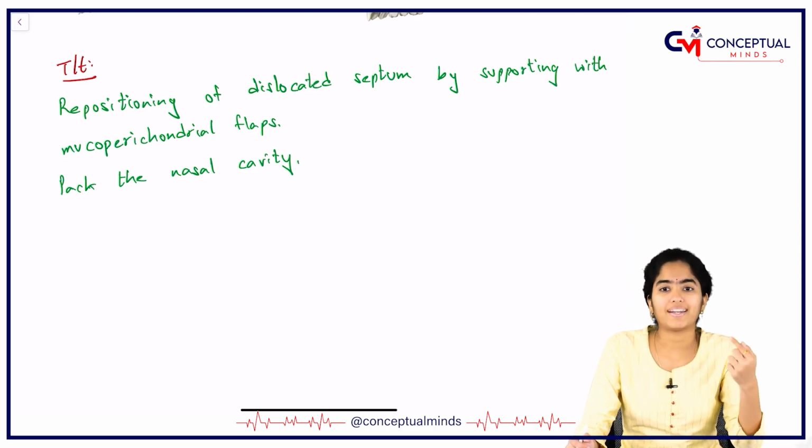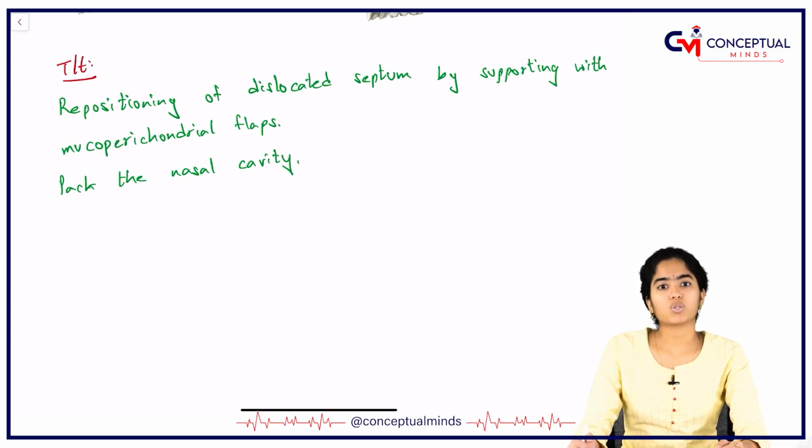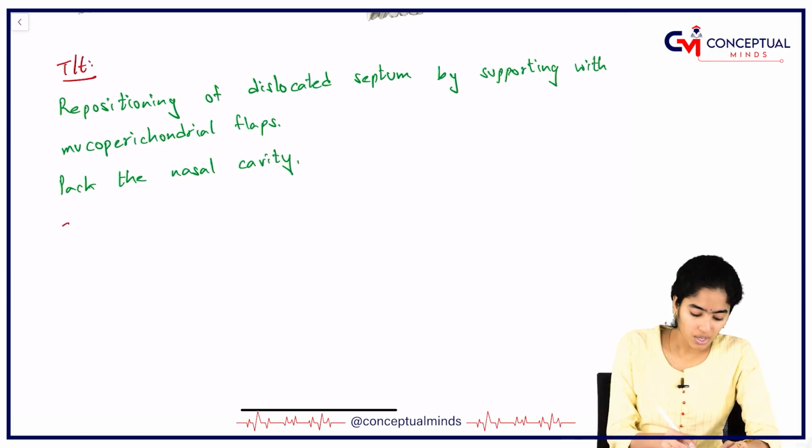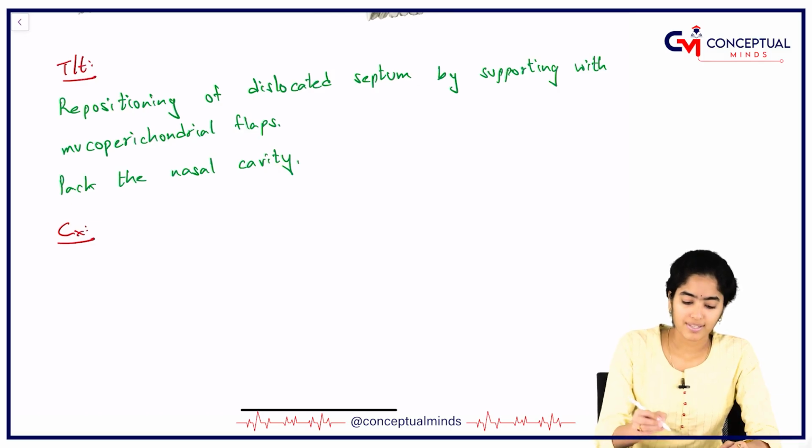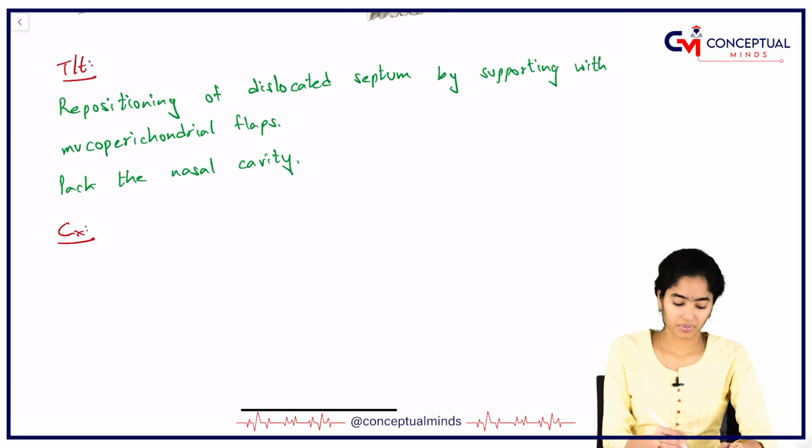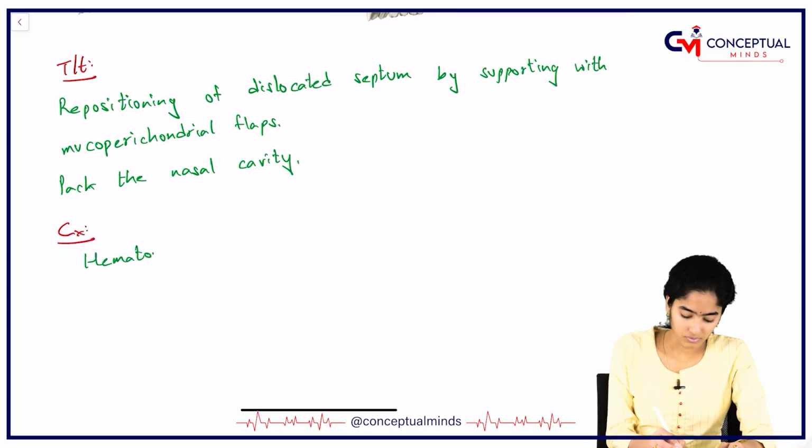The tip can get dislocated and other structures can get deviated. And as you know, it can also result in a septal hematoma. So these are the complications of untreated septal fracture. Hematoma can occur. External nose deformities can also occur.